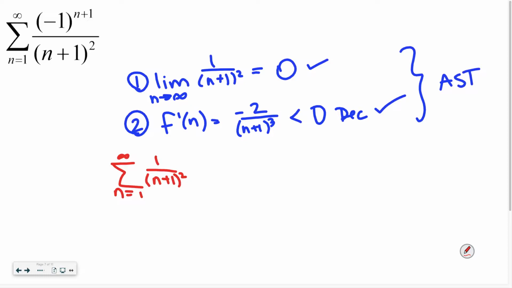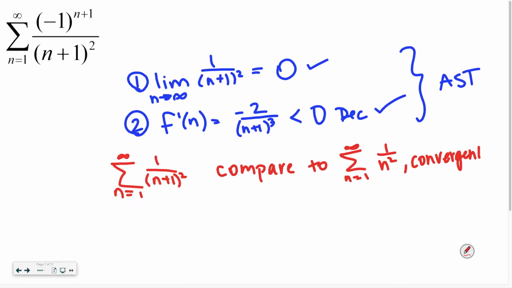We could do a comparison test. Okay? What would be an easy one to compare it to? We could compare to 1 over n squared, a convergent p series, right?